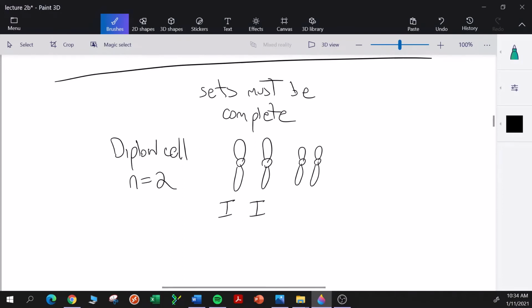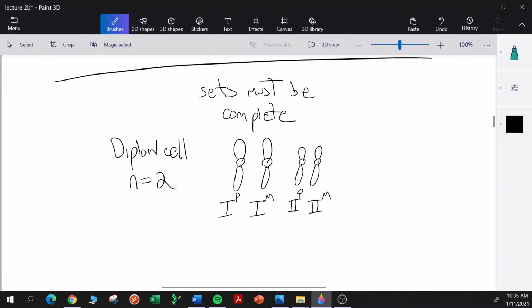These are number 1. These are each chromosome number 2. Let's say this number 1 was inherited from the paternal parent, this one from the maternal parent. And same thing over here. This chromosome 2 was inherited from the paternal parent, and this one over here from the maternal parent.